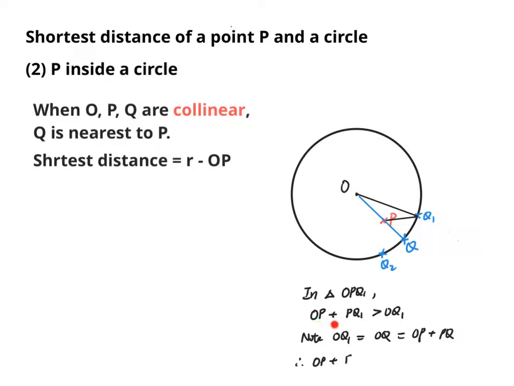Therefore, OP plus PQ1 is greater than OP plus PQ. Cancel out OP on both sides. PQ1 is greater than PQ. So in conclusion, when we need to find the shortest distance of a point and the circle, always remember the 3 points, the center, the point P, and the point on the circle are always collinear.